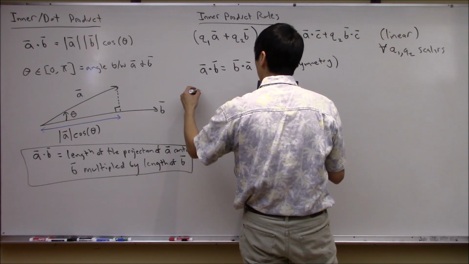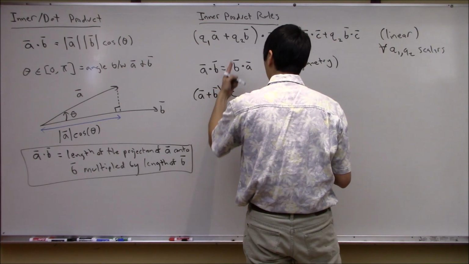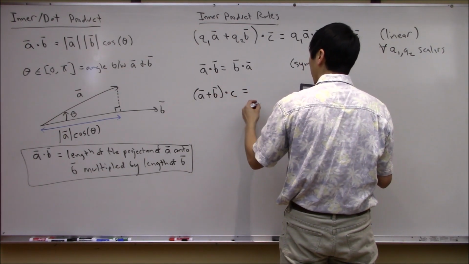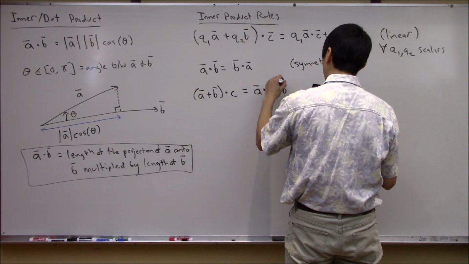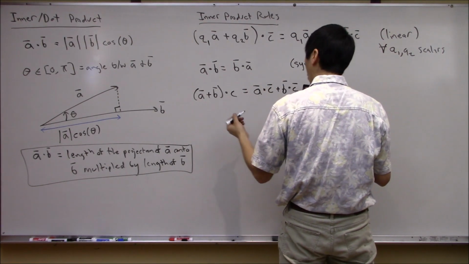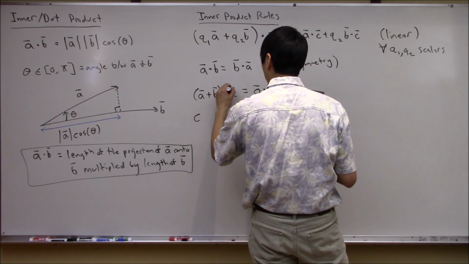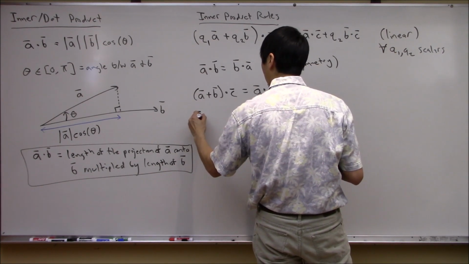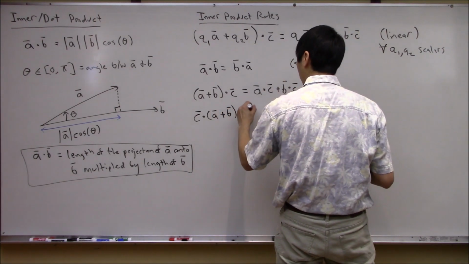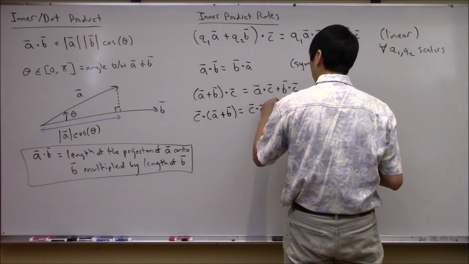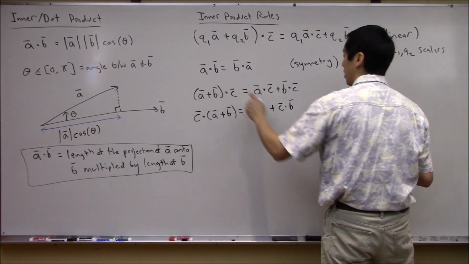Okay, it's also distributive in the sense that if you have A plus B, dot product with C, in fact we kind of saw that up top, this is the same thing as A dotted with C plus B dotted with C. Or if you want to distribute on the left, you can have the vector C dotted with the sum of A and B. This is the same thing as C dotted with A plus C dotted with B. And again, you can flip these orders as we just saw up here, and it doesn't really matter.